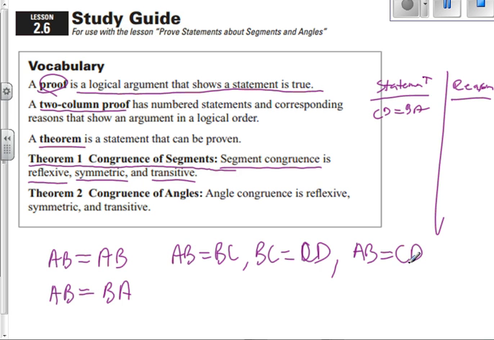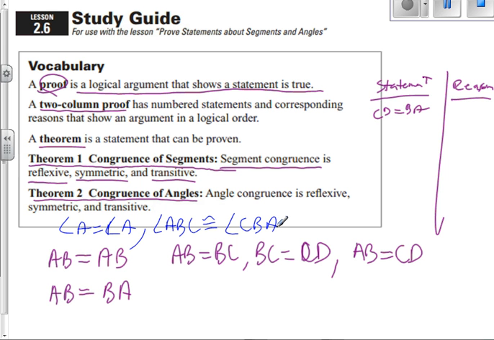Then we have another theorem here, congruence of angles, which would be the same thing. Reflexive might be something like angle A is equal to angle A. Symmetric might be angle ABC is congruent to angle CBA.